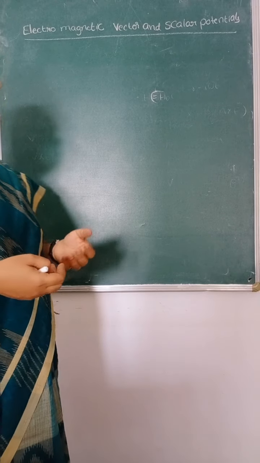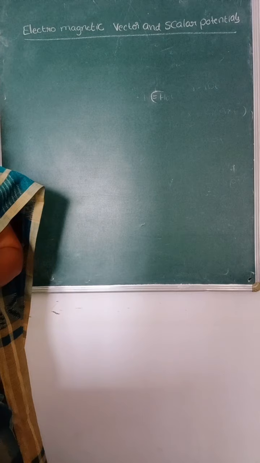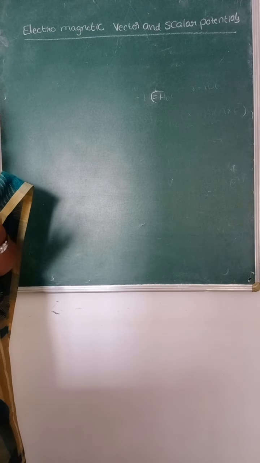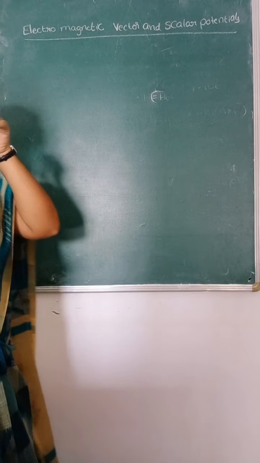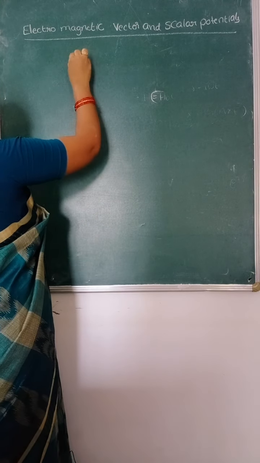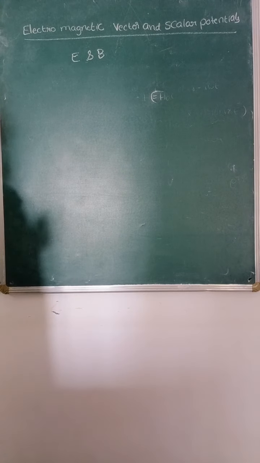By solving those second order wave equations, we can find the electric and magnetic field vectors, that is E and B.